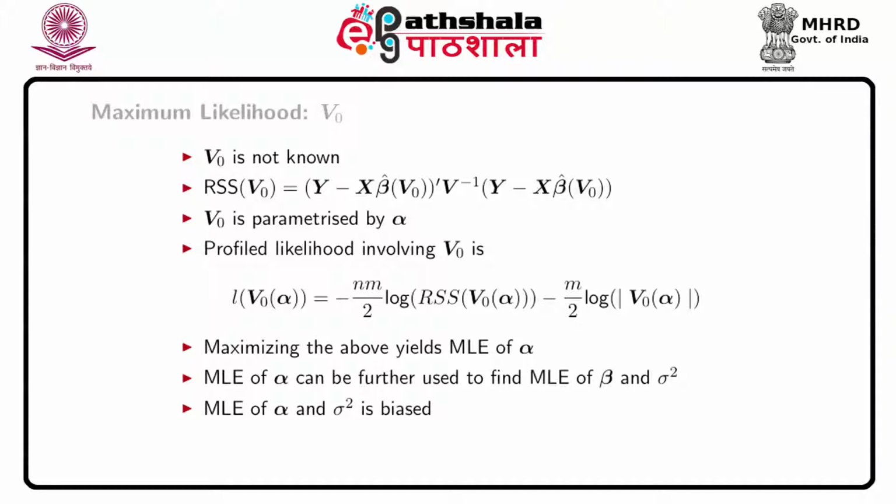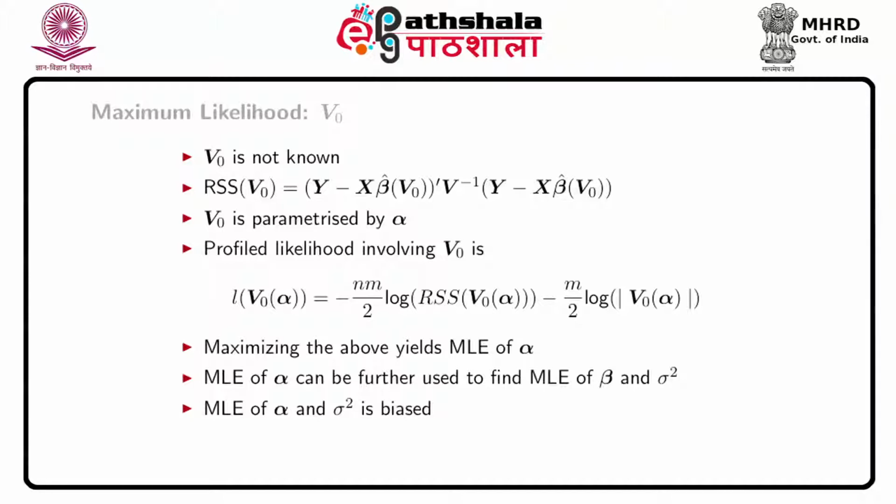Once we have the MLE of V naught, we can plug back in the estimates beta hat V naught and sigma hat V naught. So that becomes beta hat V naught hat and sigma hat V naught hat to be estimates of beta and sigma or sigma square. However, there is a complication, and the complication is that the maximization with regard to V naught requires numerical optimization techniques, and often it's difficult that such numerical optimizations converge to a single value.